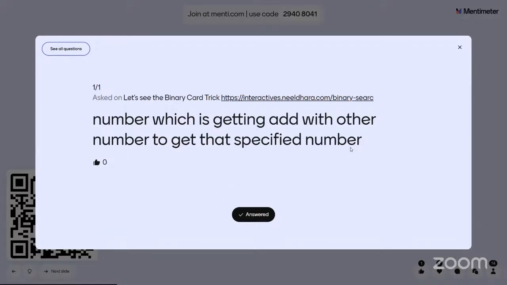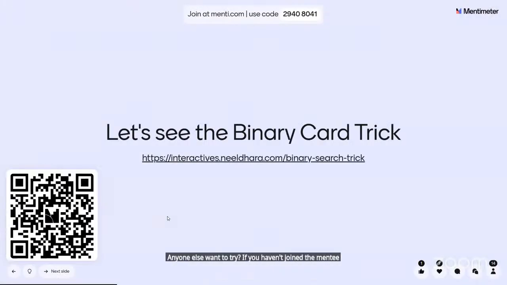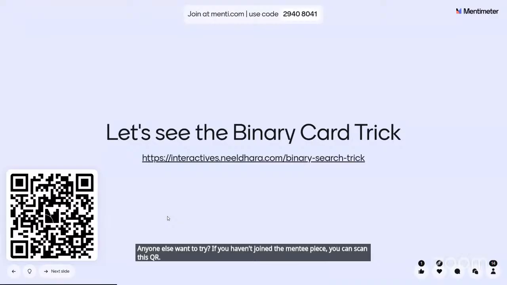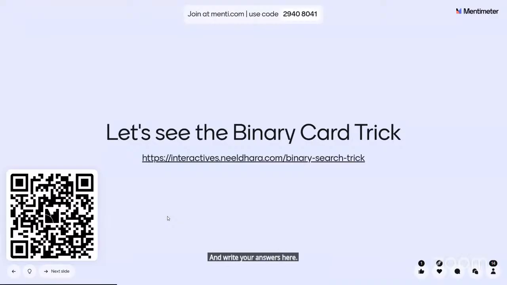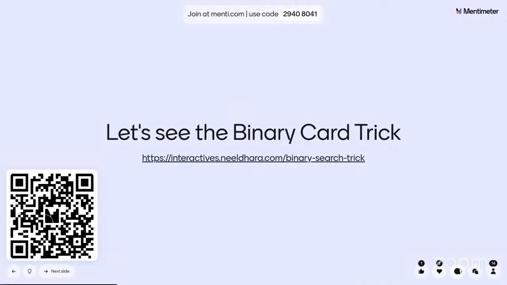Can anyone else want to try? If you haven't joined the Mentiquiz, you can scan this QR and write your answers here, or you can write your answers on the Zoom chat as well. Or you can simply unmute yourself in Zoom.